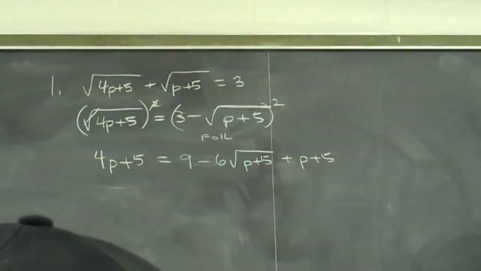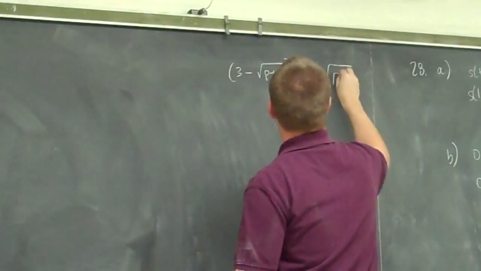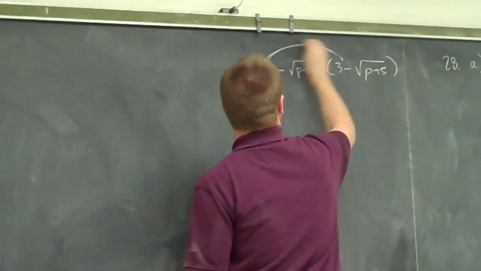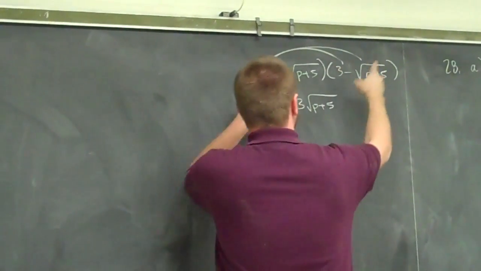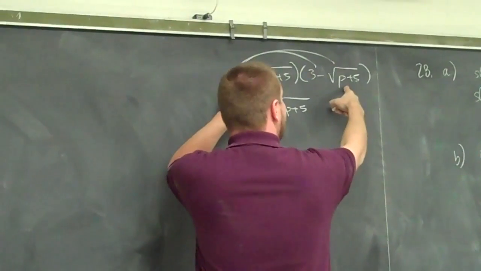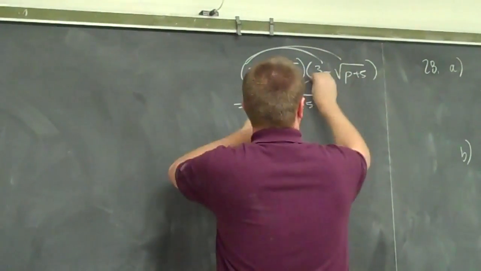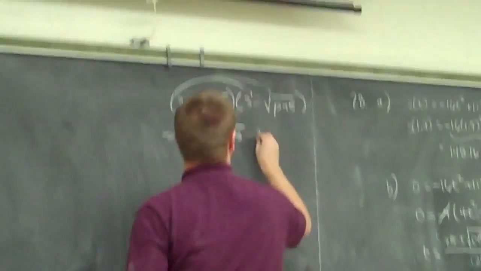So this is 3 minus the square root of p plus 5 times 3 minus the square root of p plus 5. The 3 times the 3, that's our 9. That's minus 3 square roots of p plus 5. And remember, these don't really get multiplied together because this is not underneath the square root and this one is, right? And then when I do this product, I get the same exact stuff because I'm multiplying the same exact numbers together.